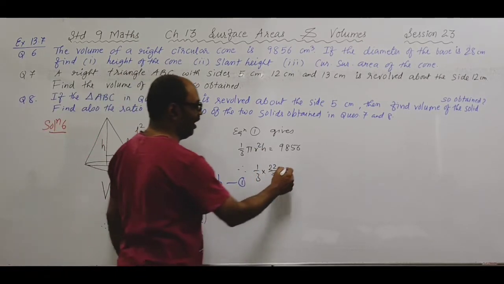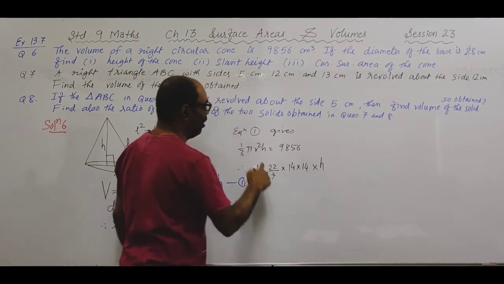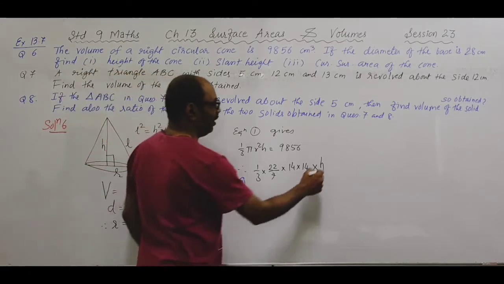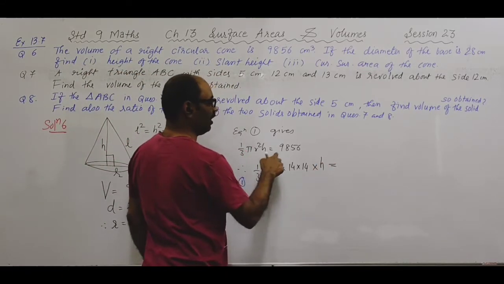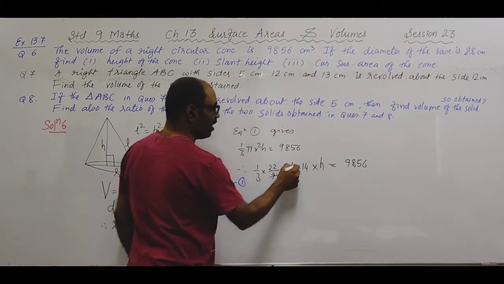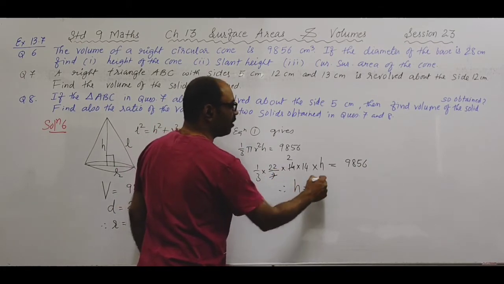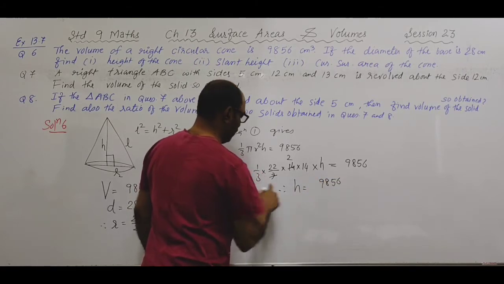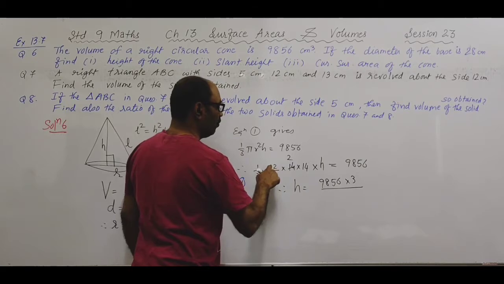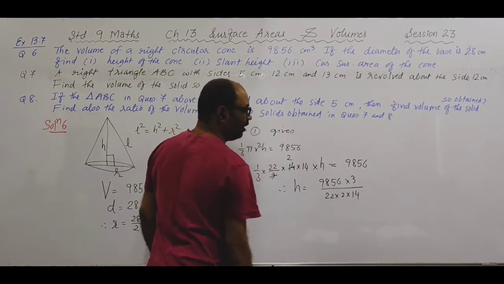So r square will be 14 into 14, into h, that is our first target, height. वो मिल जाएगा. It is equal to 9856. 7 ones are 7, 7 twos are 14. The rest you take on other side. H is equal to 9856. 3 is in the denominator. It will multiply. 22, 7 and 14. All 3 will be in the denominator on right hand side.